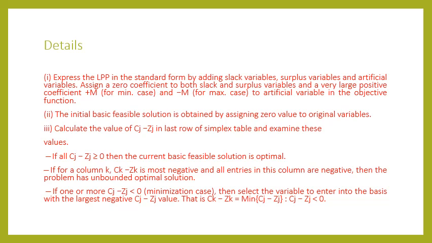Given the various cases, if the differences between Cj and Zj are more than 0, then the current basic feasible solution is optimal. Otherwise, it is unbounded in case of negative, or less than 0.